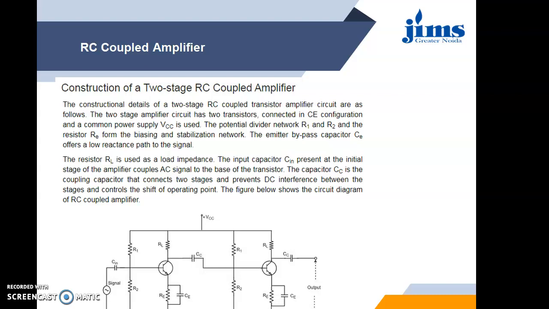Now the connection elements are resistor RL and capacitor CC. Therefore the two elements R and C are used to couple the two transistors, and that is why the name RC coupled amplifier is given. This is the amplifier which is used in audio systems for mid-frequency, audio ranges.